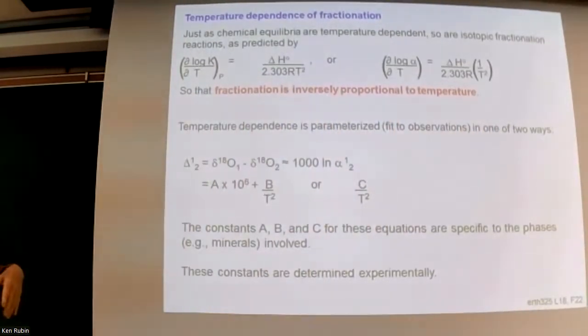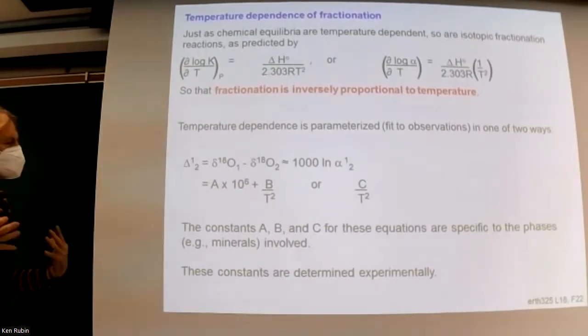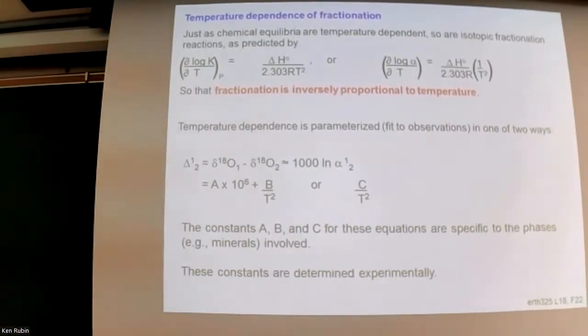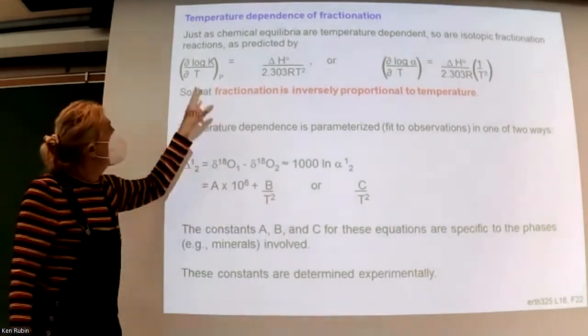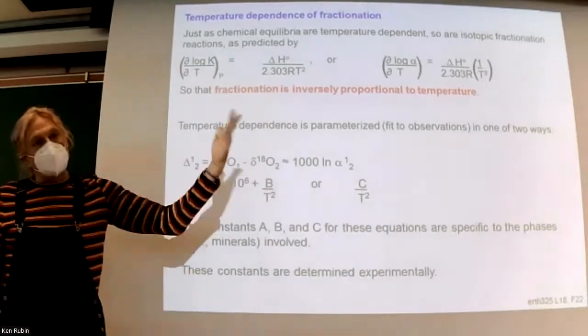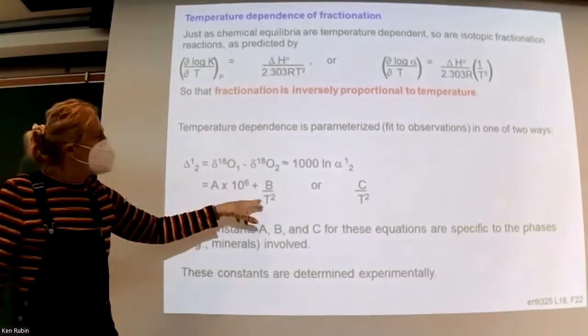So when people try to infer the temperature effect on fractionation, they do what's called parameterization. We measure the system at a bunch of different temperatures, then we do a line fit to it using the functional form that we expect the equilibrium constant to vary as a function of temperature, which means 1 over T squared.